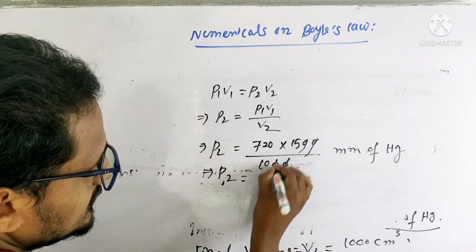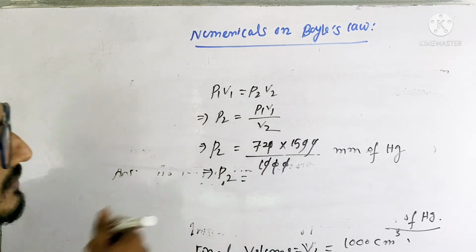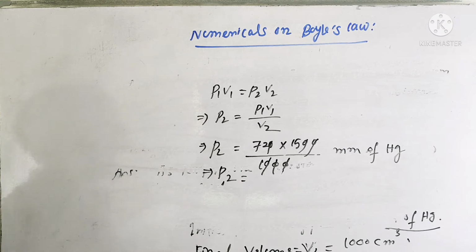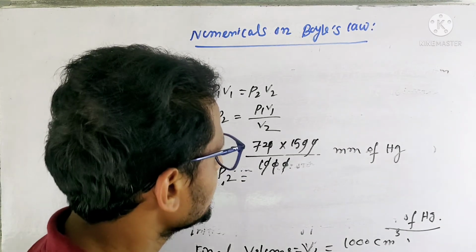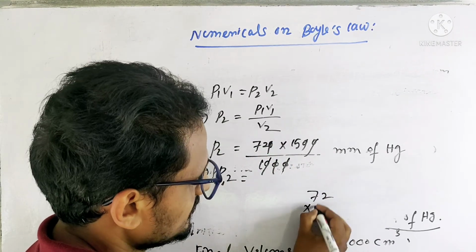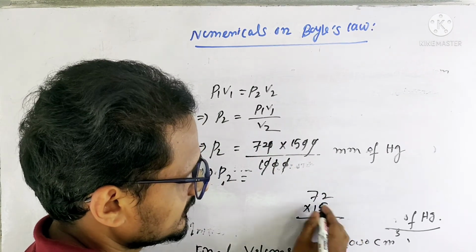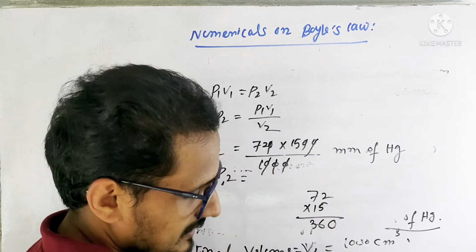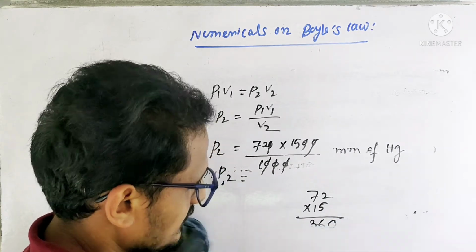We cancel the zeros, so we need to multiply 720 into 50 by 1000 by 1500 simplification.